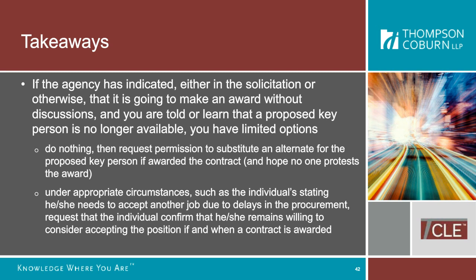You can either do nothing, stay quiet, or request permission to substitute an alternate for that proposed key person if you're awarded the contract, but as these cases that we've discussed demonstrate, you may be in trouble if someone protests that. So you keep your fingers crossed and hope nobody protests.